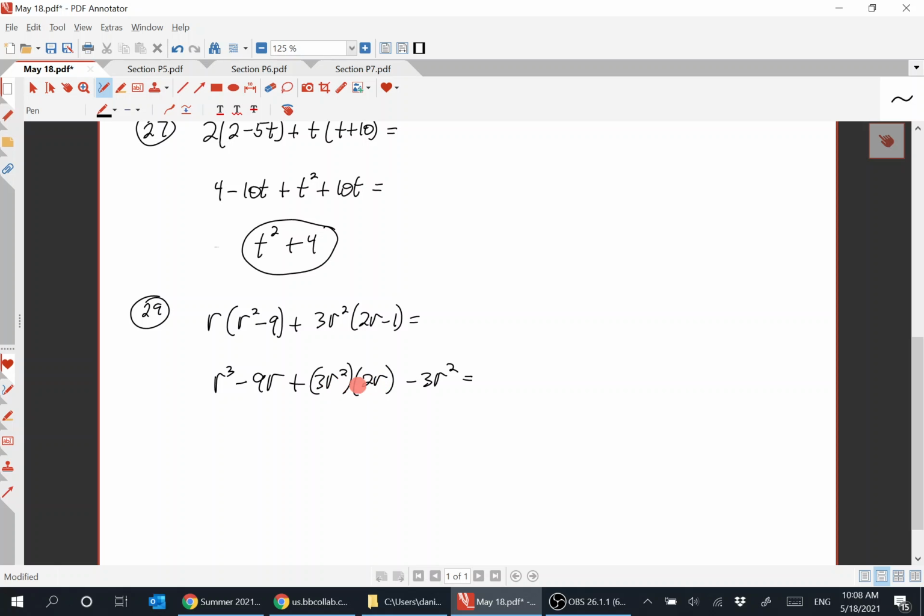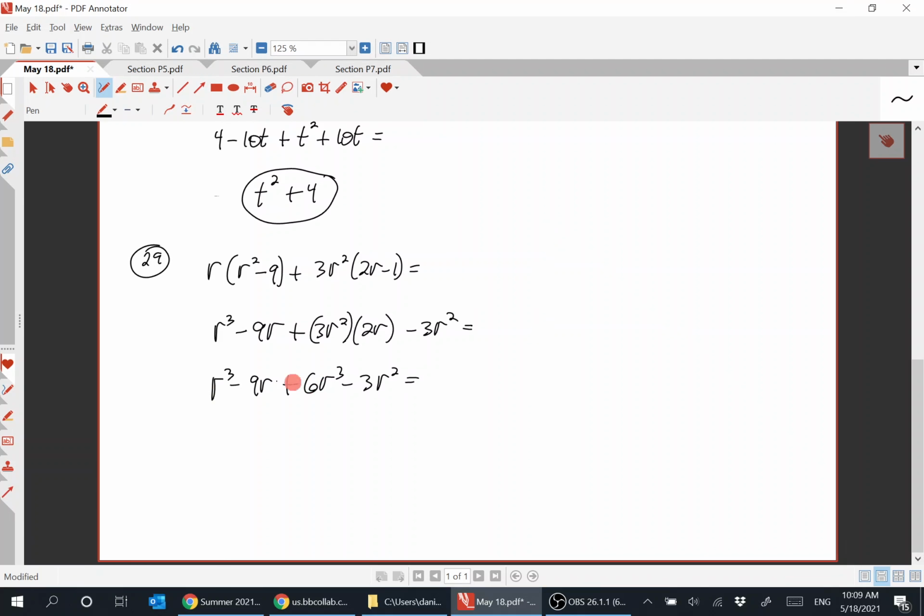How do we multiply these two monomials together? 6r to the third. You multiply the real number coefficients together, it's 6, and then you multiply the powers of r. r squared times r is r to the 3. You add the exponents. So 6r to the 3 minus 3r squared.